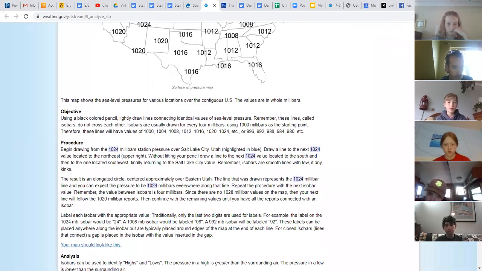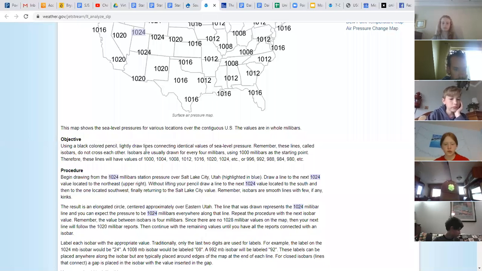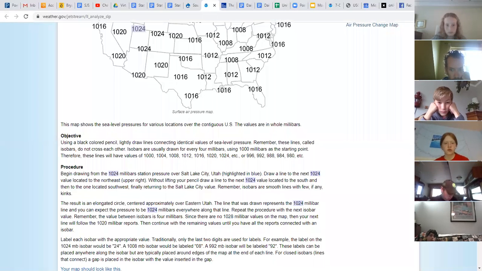All right, so we're going to begin drawing from the 1024 millibar station model over Salt Lake City. It's highlighted here. We're going to draw a line next to 1024 located to the northeast. And if we were to do this in pencil, we would connect all the 1024s.